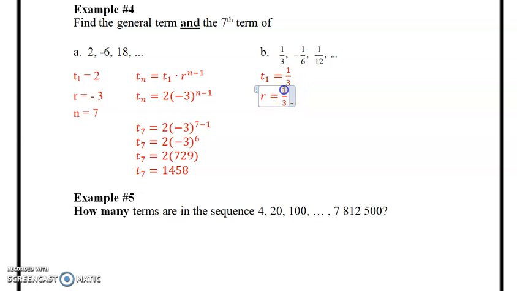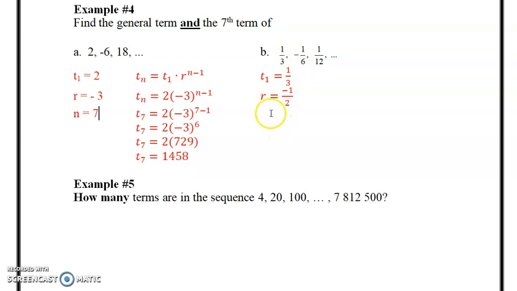So our r value is -1/2. Next, we have the n value, and again, it's going to be 7, because we're looking for the 7th term.